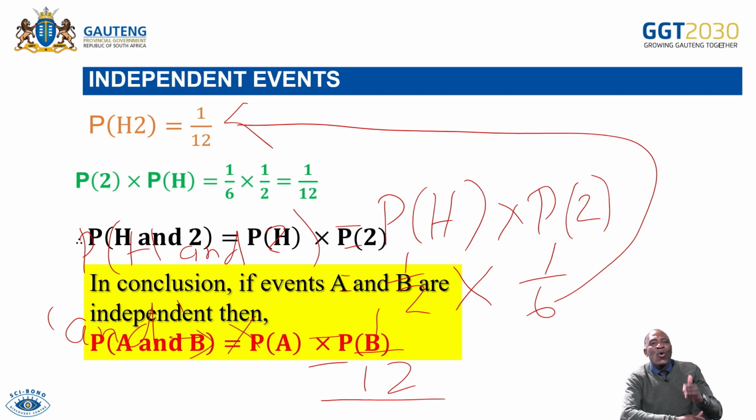Go and call Peter and John. It means you'll have to call both. My calling of Peter does not stop me calling John, because the statement said, go and call Peter and John. You have to call both. That's a practical example of independent events.